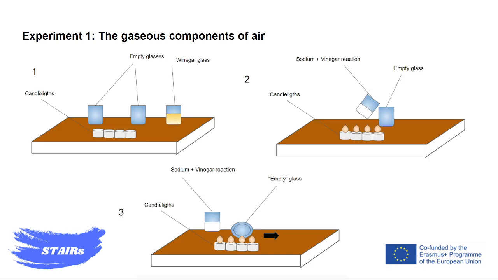As you see from the pictures, in the first part you will have empty glasses and the candlelights will not be turned on, not ignited. In this glass you will have to put the vinegar. In the second part you have to light the candlelights, all of them, and put the sodium bicarbonate and the vinegar together to have a chemical reaction.